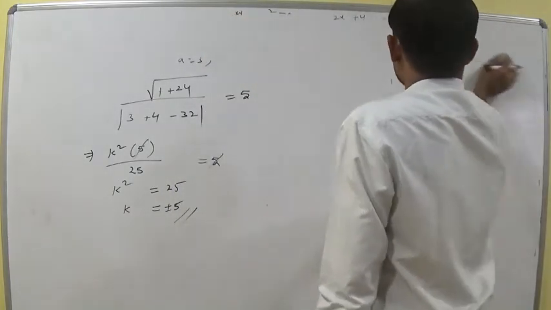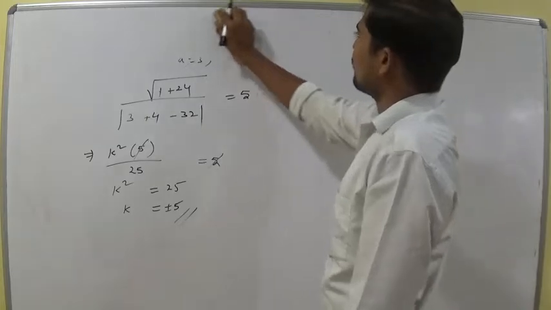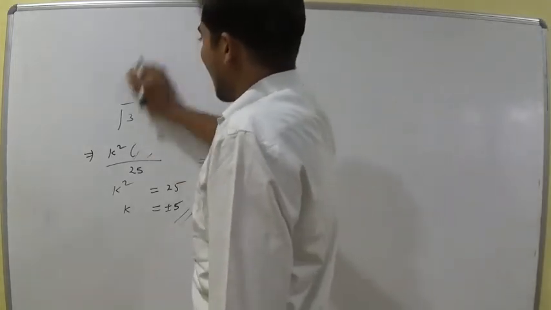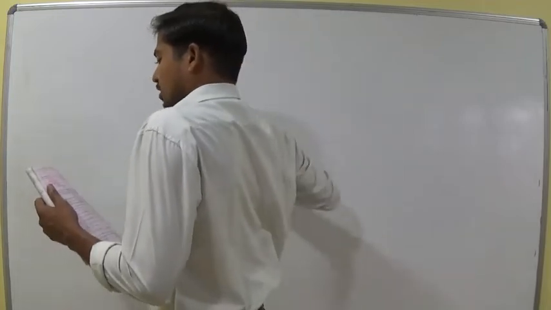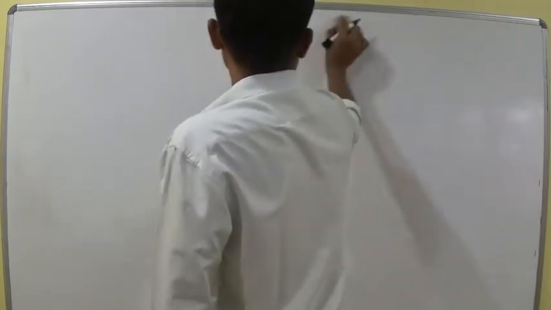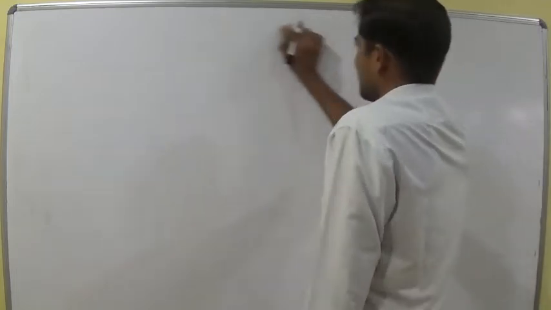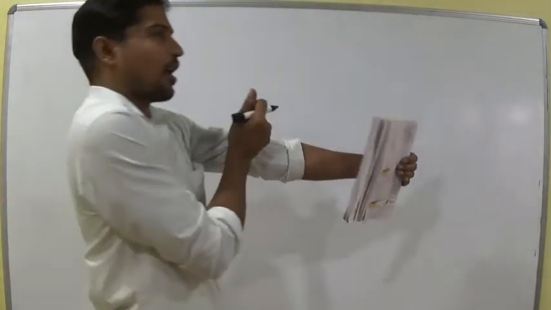Sides of a triangle are given here. We have to find the equation of the angle bisector of A, the internal angle bisector of angle A of a triangle.